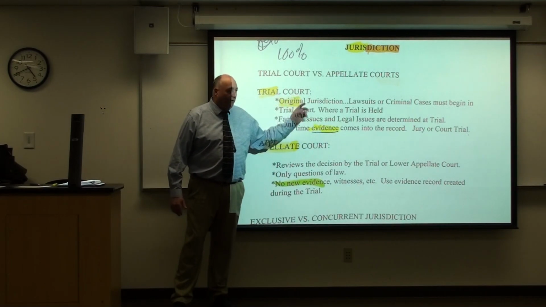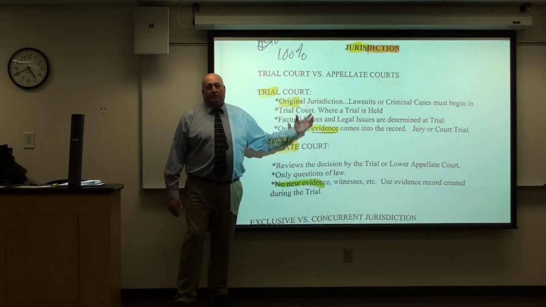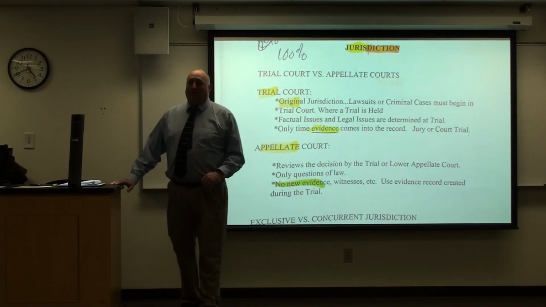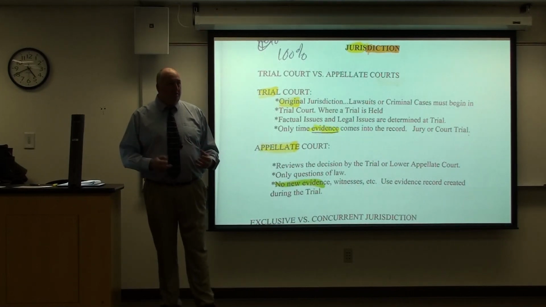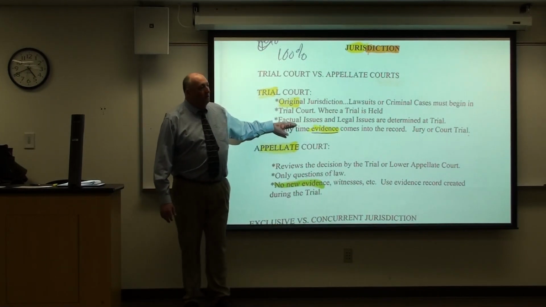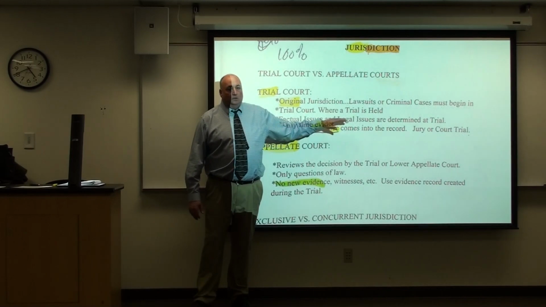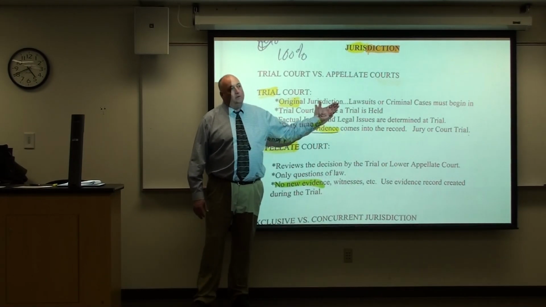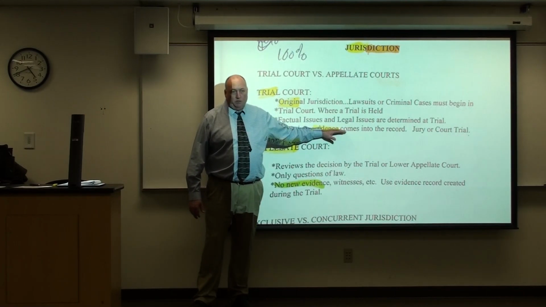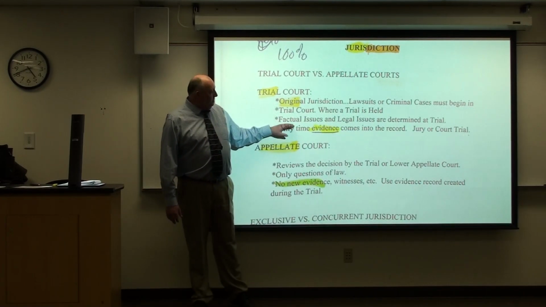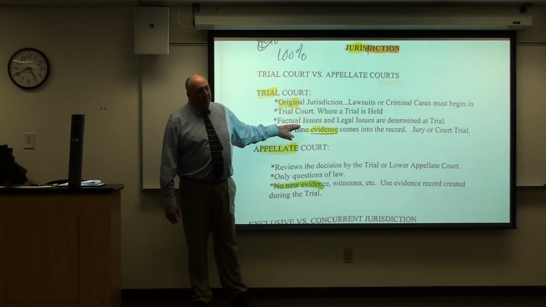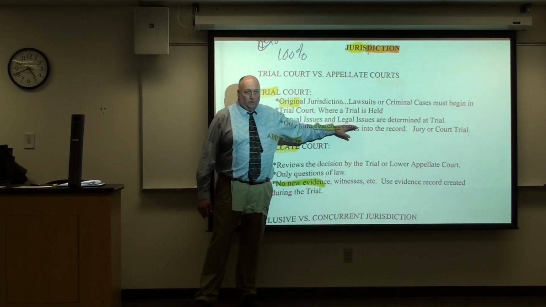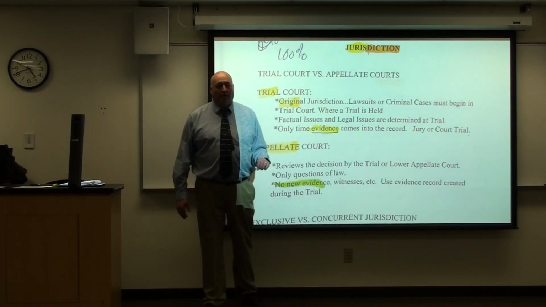Part 2, a trial court is a court where you're going to have your trial. That's what we call a trial court. Well, what's a trial? A trial is where two types of issues or questions are going to be determined, proven, argued about, and then a decision made. Factual questions and legal questions, or questions of law.